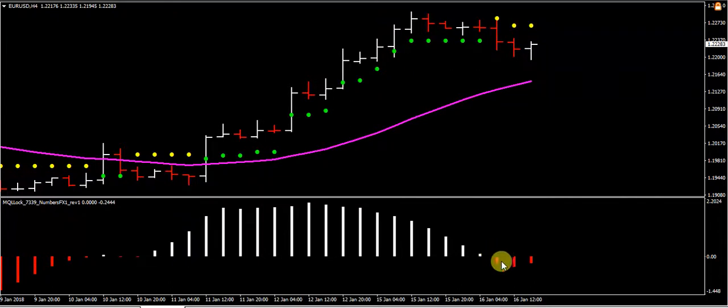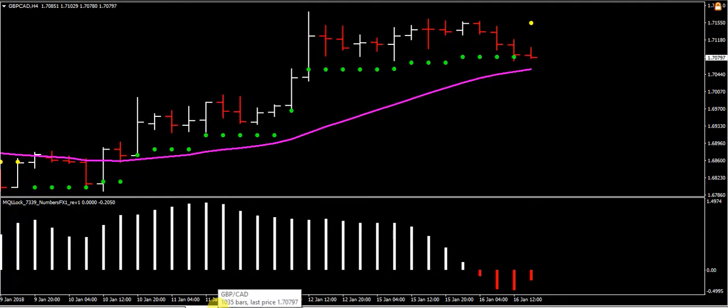We've got negative volume, it hasn't really done anything. You can see that's the longest bar, and now it's starting to rise up again. So we're looking for hopefully lots of big white volume coming up here. So just looking for that bounce.